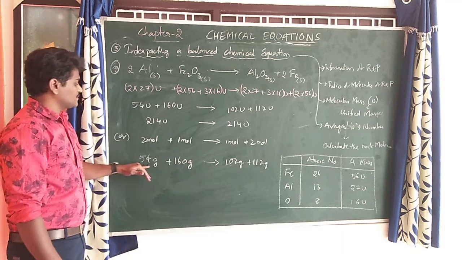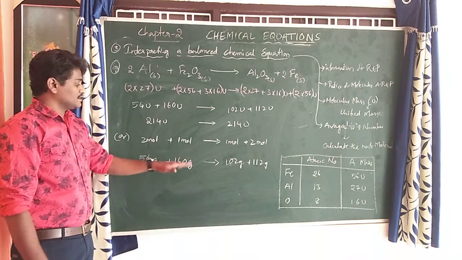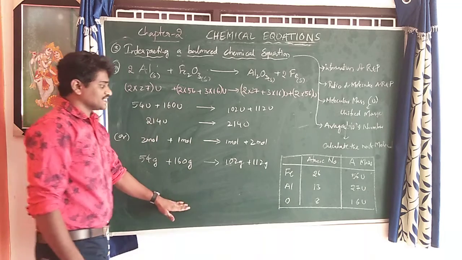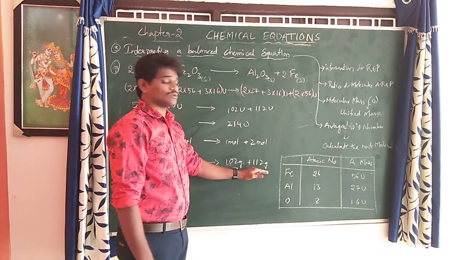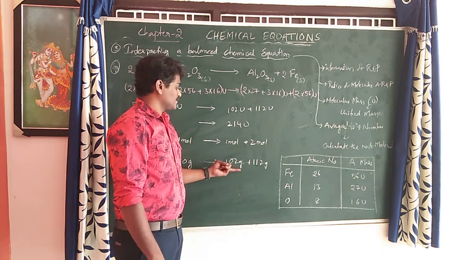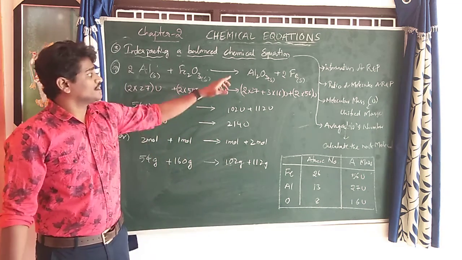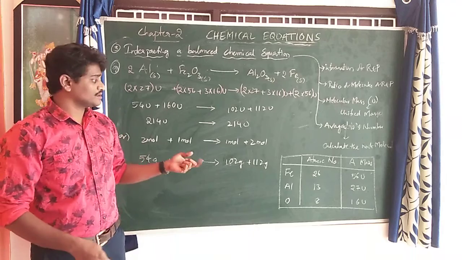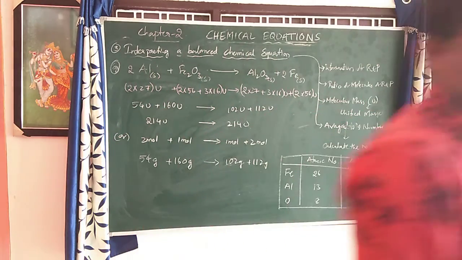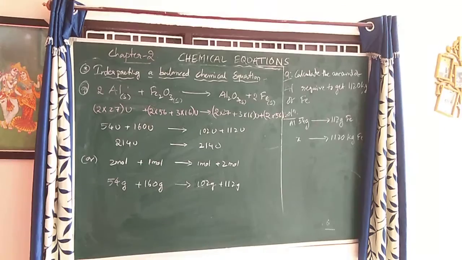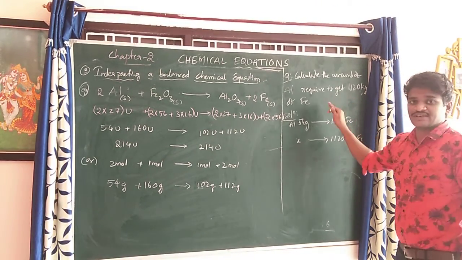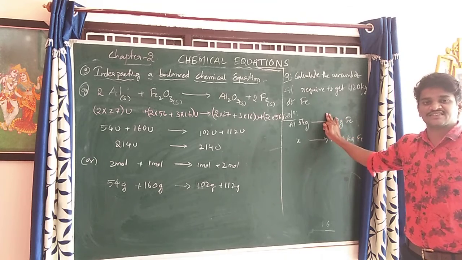So here 54 grams of aluminium and 160 grams of ferric oxide react to give 112 grams of iron with 102 grams of aluminium oxide. Now let us take one question and solve it. Dear student, these types of questions will be asked in the annual examination.